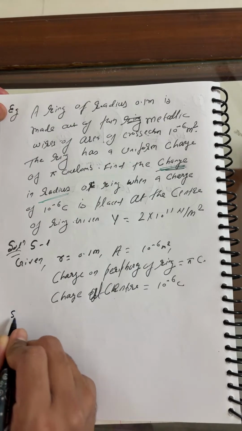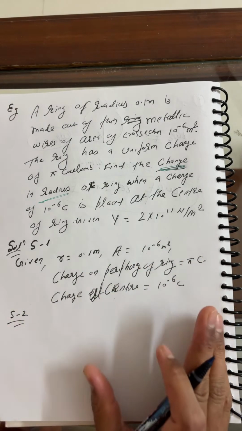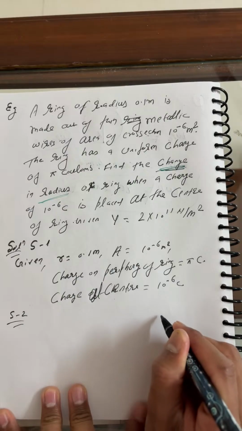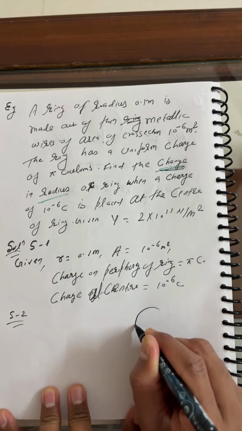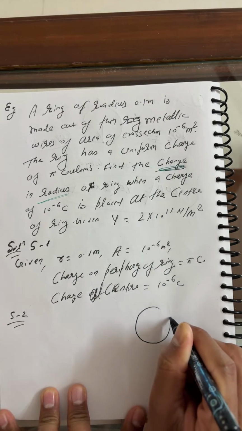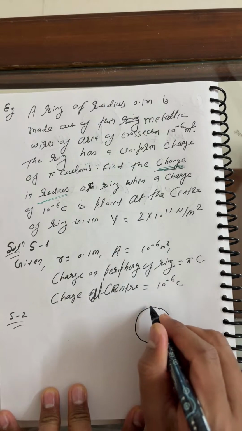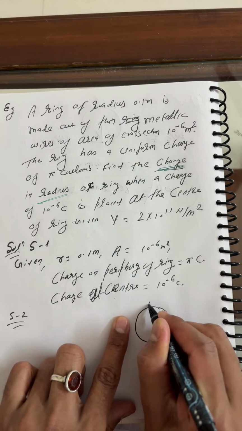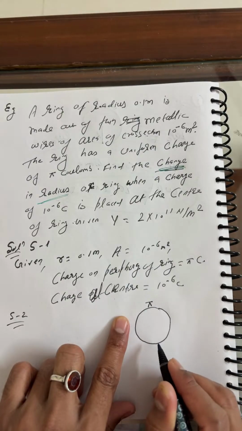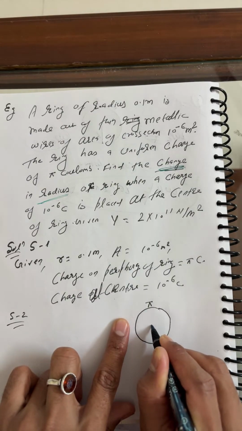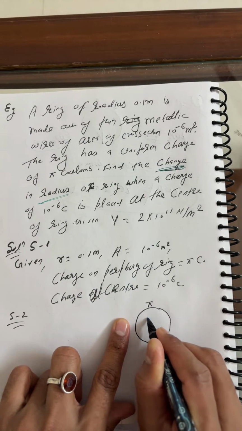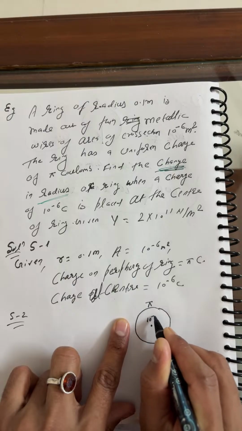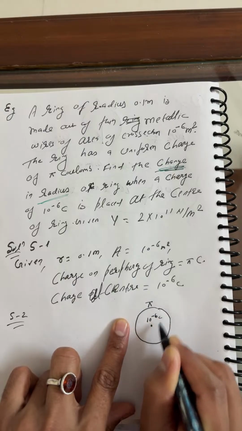In step two, the explanation of this question. Already I said, if you have a ring, the charge already mentioned on the periphery of ring is pi coulomb. Charge at the center is 10 to the power minus 6 coulomb.